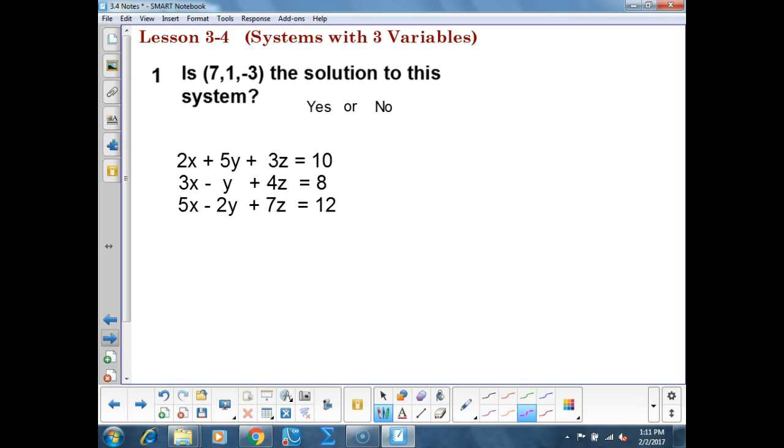Okay? This is not called an ordered pair anymore. An ordered pair is the fancy way of saying point. This is a point in 3 dimensions, and so we call it an ordered triple.